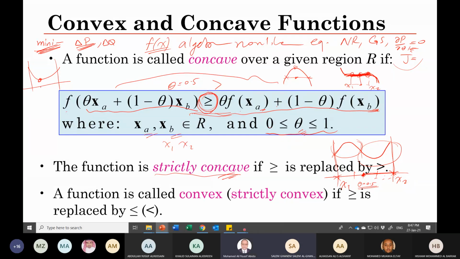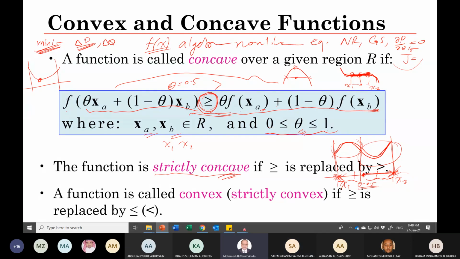Yes, of course, as I mentioned, if you have this function over this range, you cannot say this function is convex or concave. In this range only, you can say this is concave. In this range, you can say the function is convex. If you take the whole range, you have boundaries.